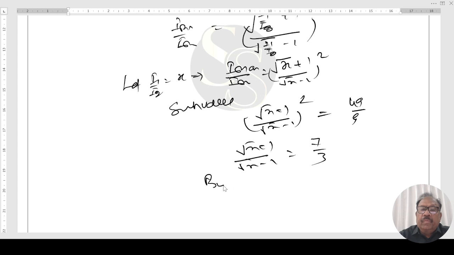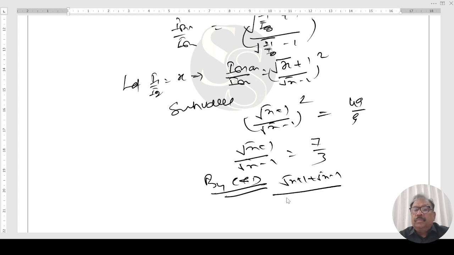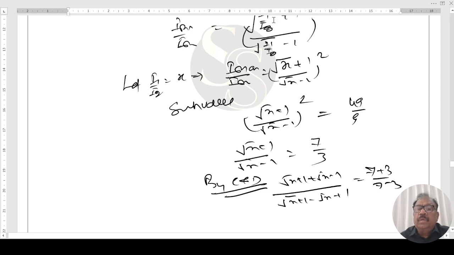Then by componendo and dividendo, this comes out to be root x plus 1 plus root x minus 1 upon root x plus 1 minus root x minus 1 equals 7 plus 3 upon 7 minus 3. Right?